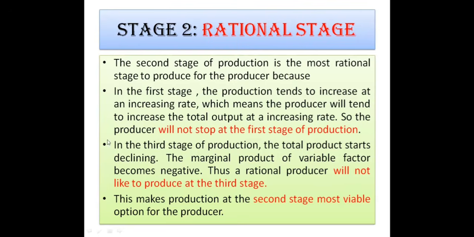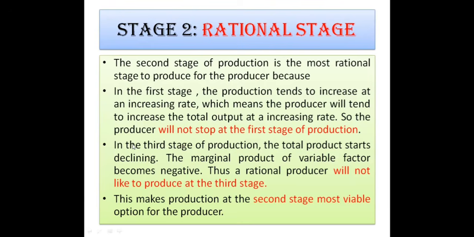So the producer will not stop at the first stage of production. When you know that the more and more input you add, the extra amount of product you get goes on increasing, would you stop at that point? No, you will go on adding more and more variable factor in the expectation of getting more and more product. So you will not stop in stage 1. That is why stage 1 is called an irrational stage, because the producer, in the expectation of getting more, will move again and again.